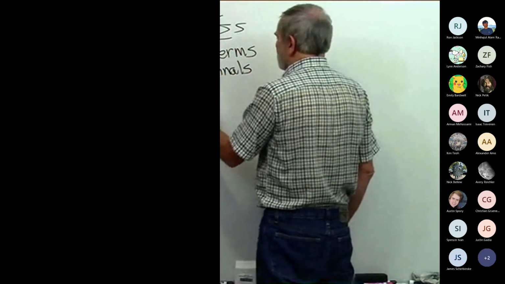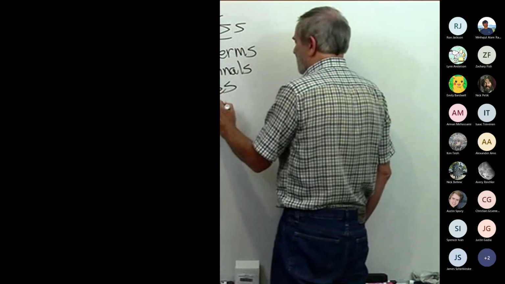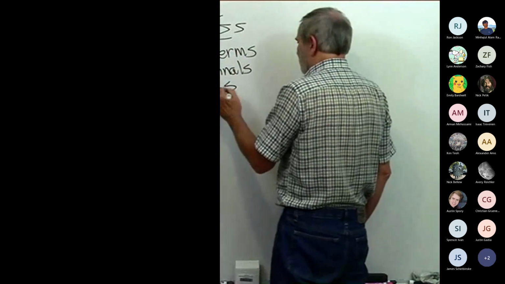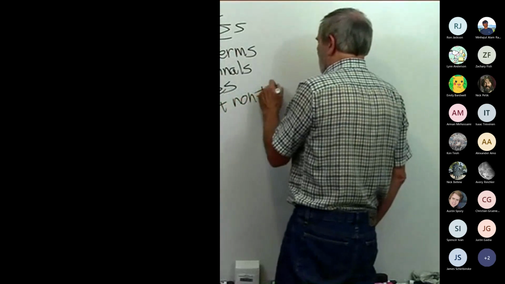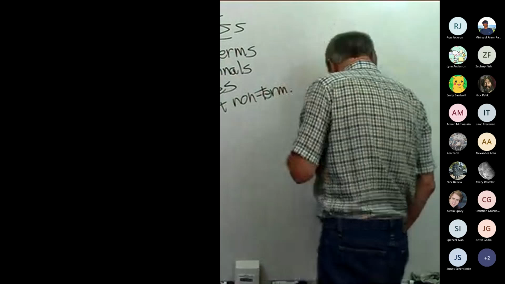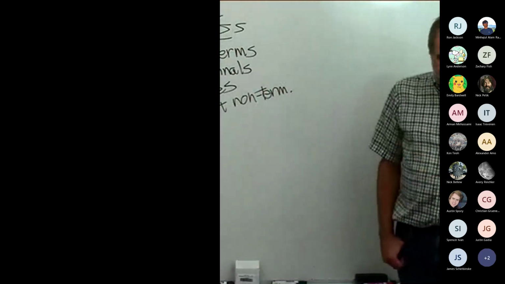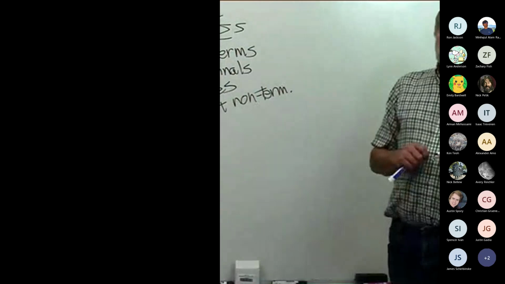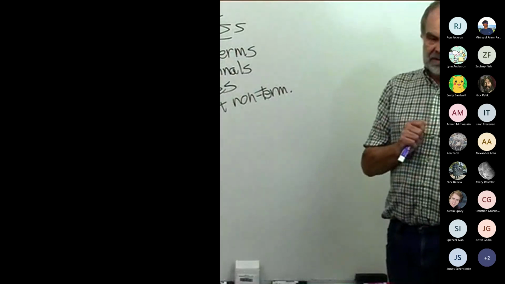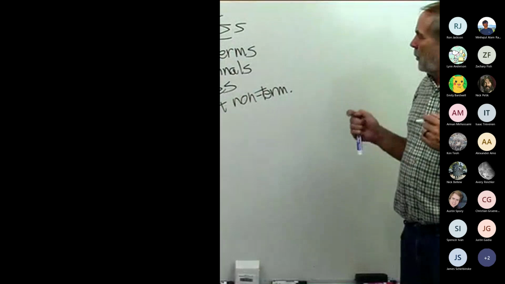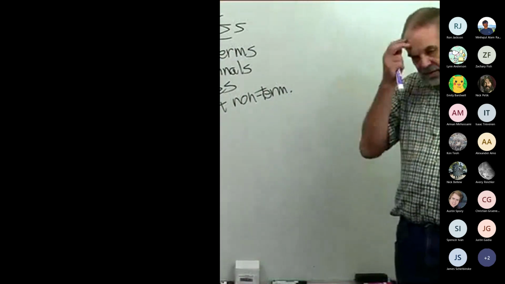We need some rules. And we need a start non-terminal. And with those four elements, we can define more robust, more complex patterns than what we could do using just regular expressions.